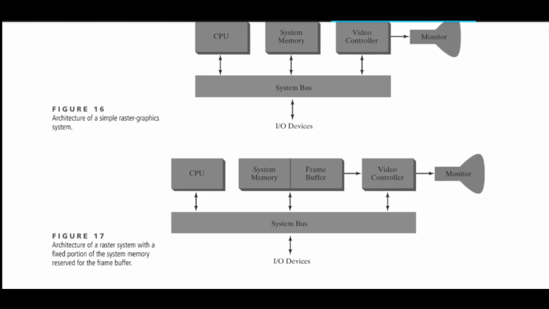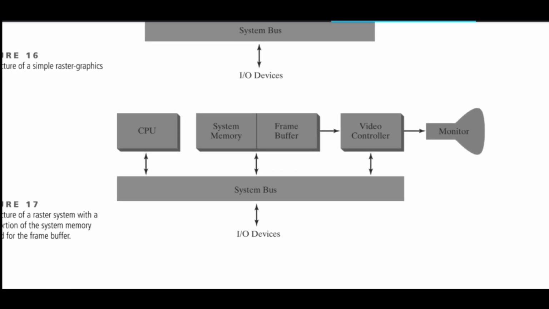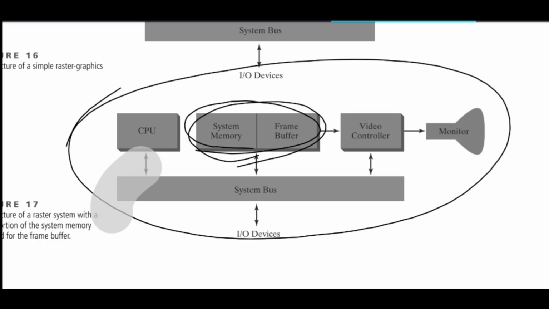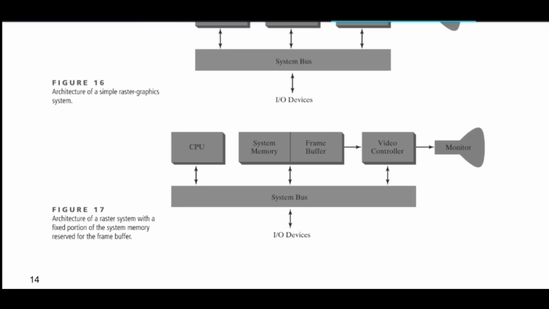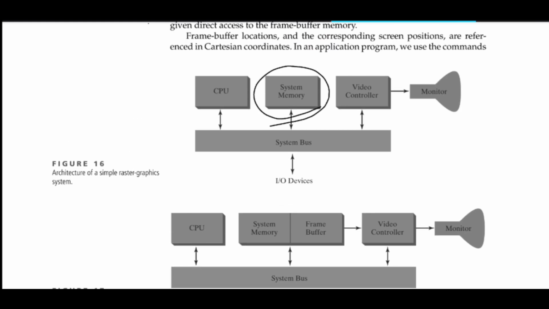First of all, moving towards figure 17, how the image is generated in our raster scan system. First of all there is system memory, and there may be a frame buffer, some memory reserved for display generation or to keep display information, or there may be no memory reserved. Here is a dedicated frame buffer memory reserved from the system memory.